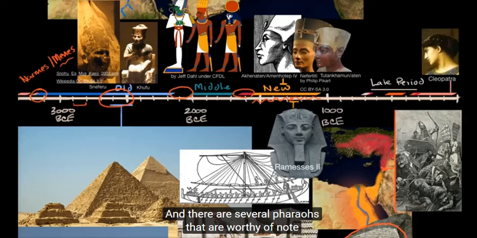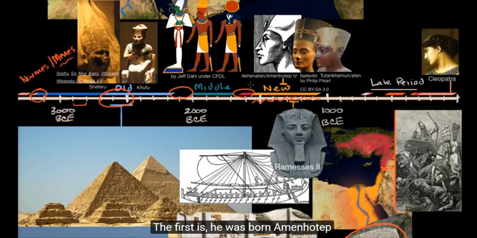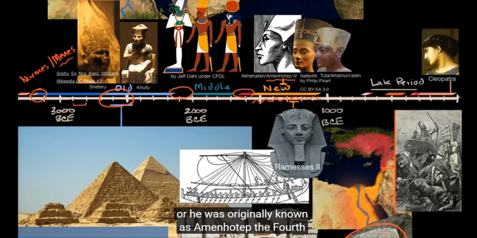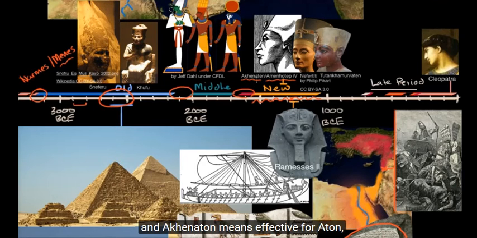And there are several pharaohs that are worthy of note in the New Kingdom. The first was born Amenhotep, originally known as Amenhotep IV, and then he eventually names himself Akhenaten, and Akhenaten means effective for Aten, Aten being a significant Egyptian god.